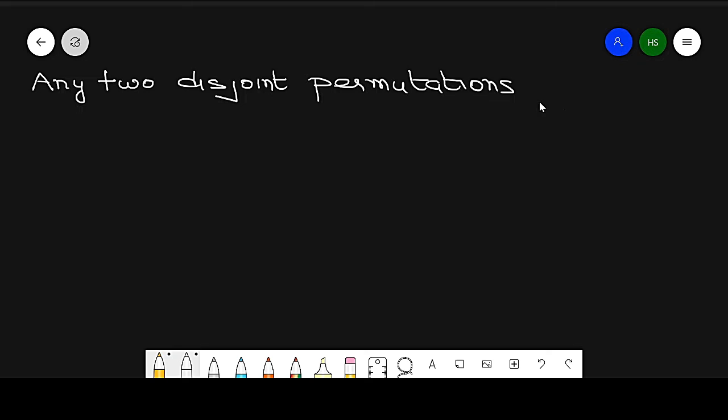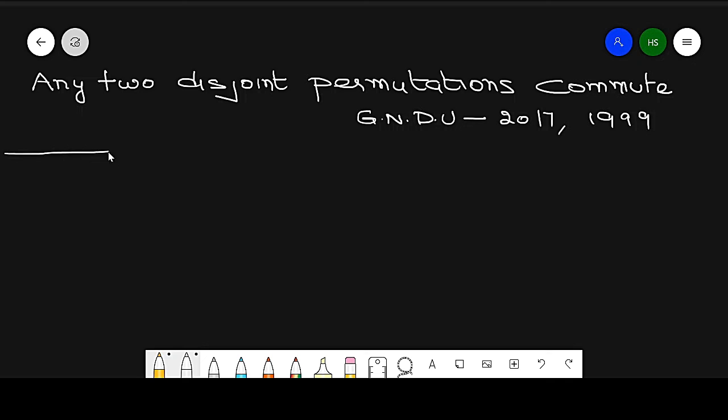Commute means they satisfy the commutative property. This question was asked in 2017 and 1999 in GNDU University. So how will we prove that?